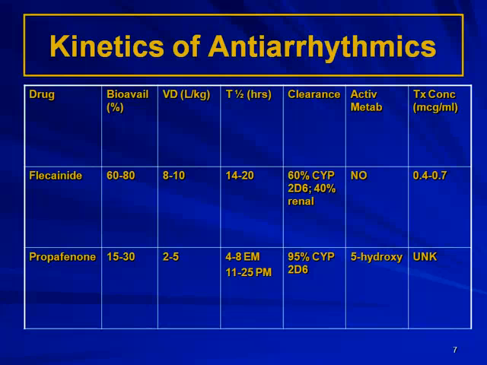Whereas with propafenone, what you have is 95% clearance by cytochrome P450, the 2D6 isozyme. So if you notice the half-life for propafenone, you have extensive metabolizers that have relatively short half-lives, 4 to 8 hours. You have poor metabolizers whose half-lives range from 11 up to 25 hours.